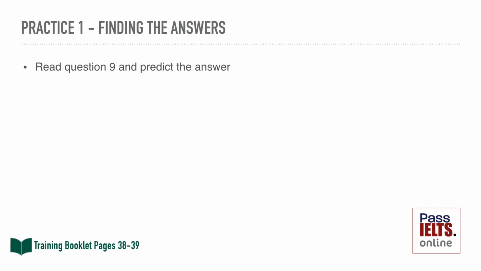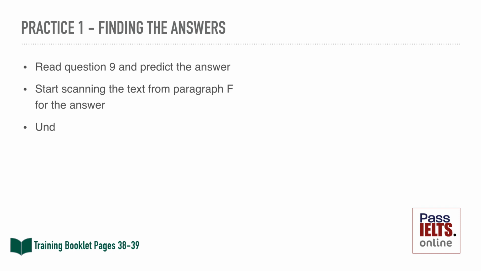Read question 9 and predict the answer using the keywords Spanish, French to help you. What kind of word are you looking for? In this example, it's a type of climate. Now start scanning the text from the 5th paragraph for the answer. And when you found the answer, you can underline it.